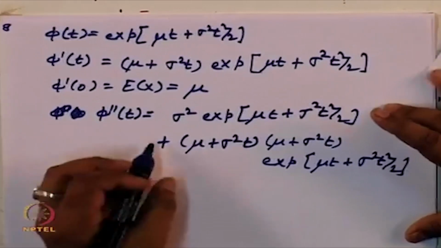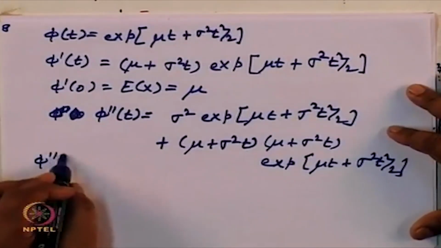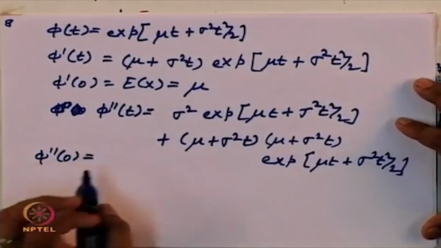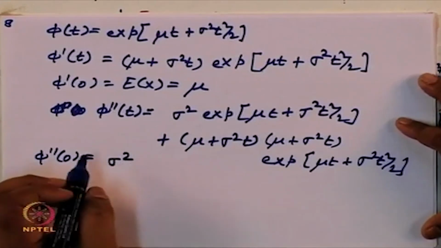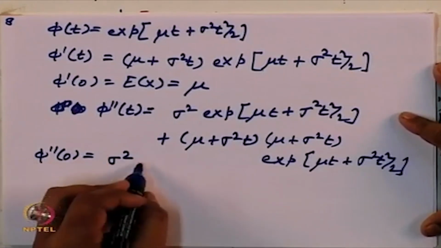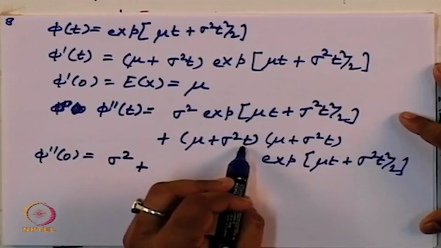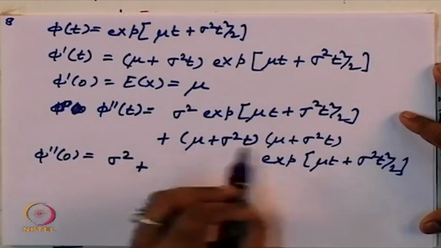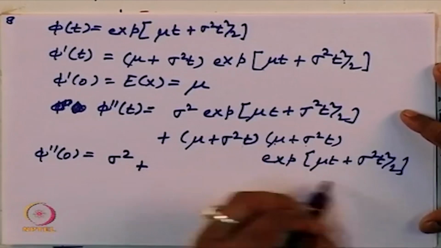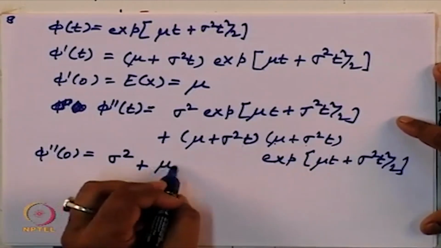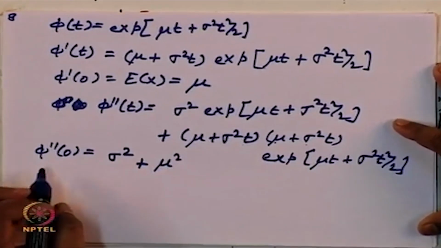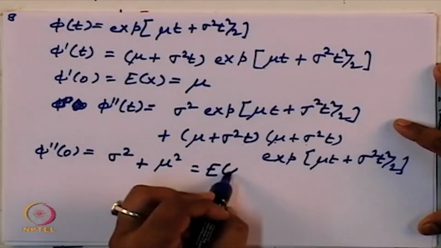So phi double prime of 0 will give me a value of sigma square, plus, with t equal to 0, you only get a value of mu here, also a value of mu, and this whole thing is 1. So you get a value of sigma square plus mu square. So this is nothing but e of x square.